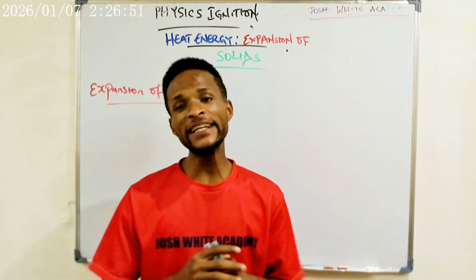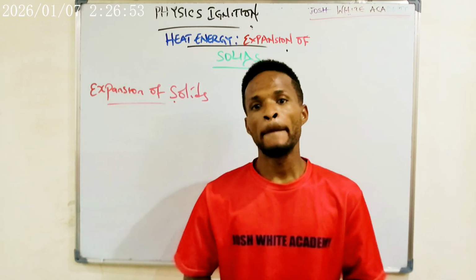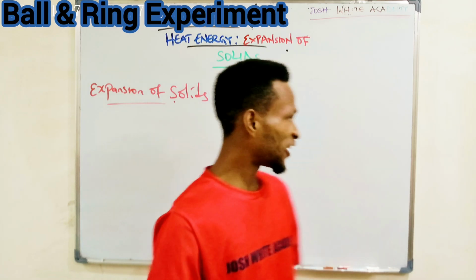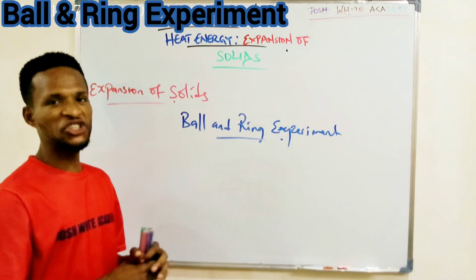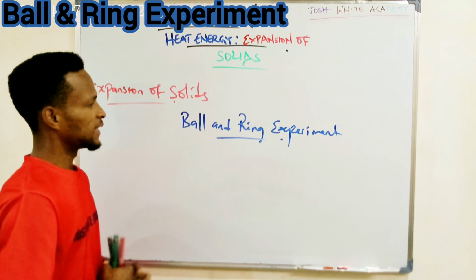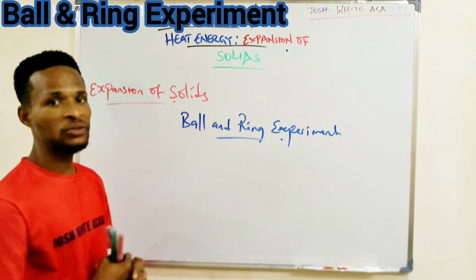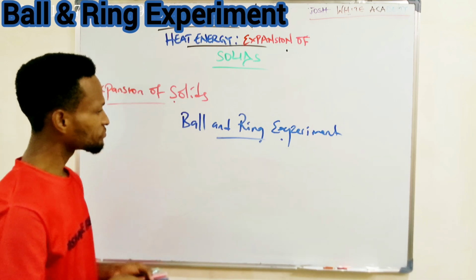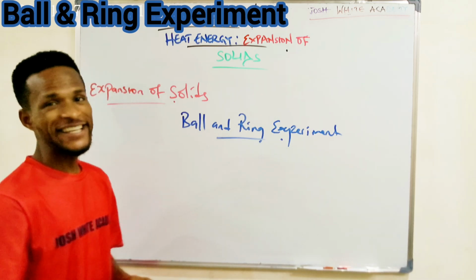Now, let's explain the expansion of solids by using a ball and ring experiment. To appreciate the explanation of expansion of a solid, a metal ball is used.